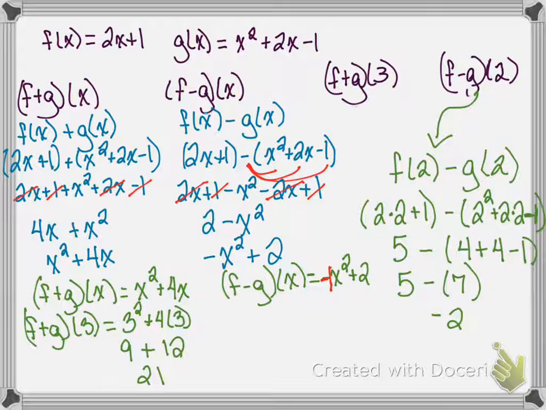So this is negative 1 times negative 2 squared. What's negative 2 squared? Positive 4. Negative 2 squared is positive 4. What's positive 4 times negative 1?